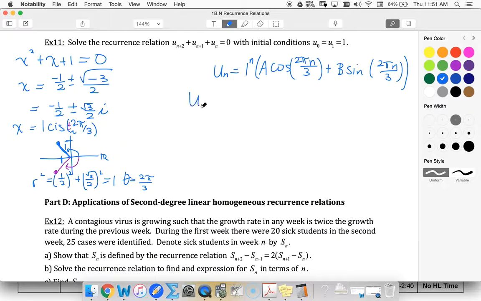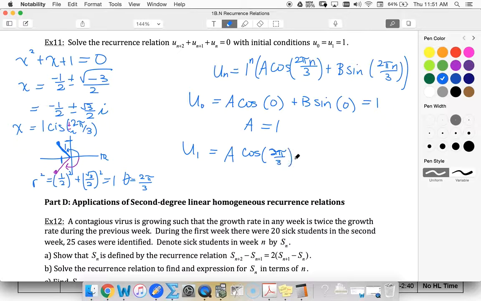All right, so u sub 0 is going to be a cosine of 0 plus b sine of 0, and that's 1. Cosine of 0 is 1, so a is 1. u sub 1 is going to give us a cos 2π/3 plus b sine 2π/3, also equal to 1.